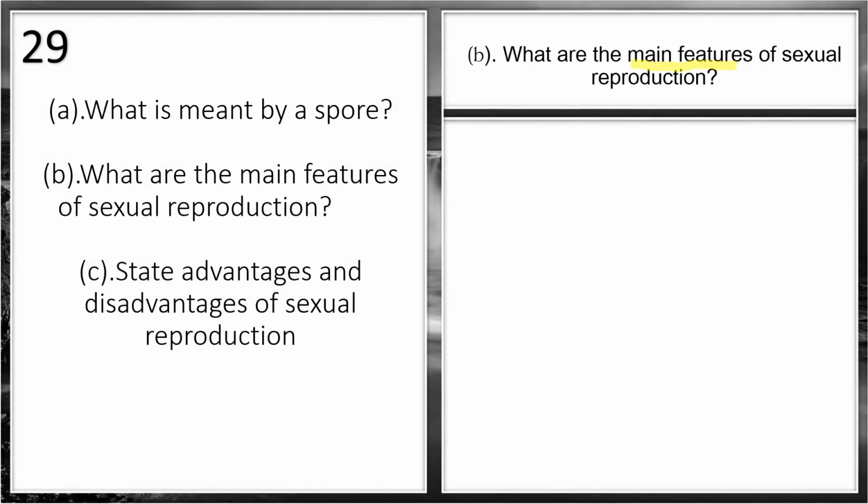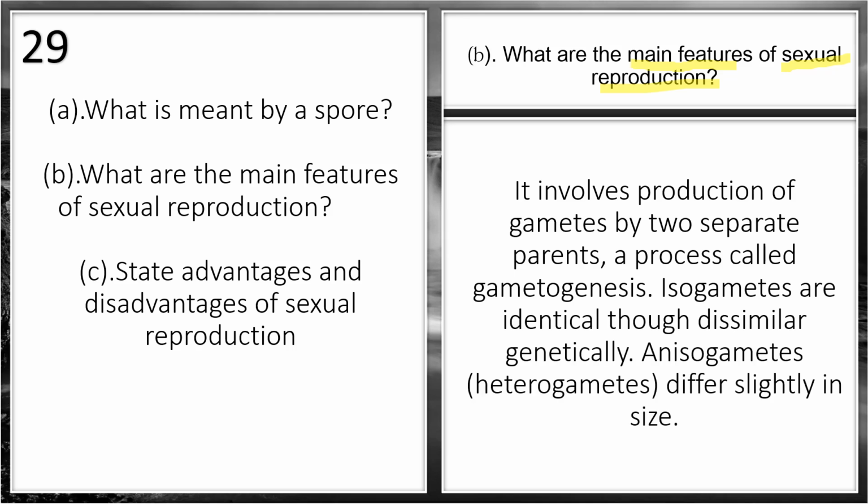What are the main features of sexual reproduction? It involves the production of gametes of two separate parents, produced by the process called gametogenesis. Isogametes are identical, though dissimilar genetically.